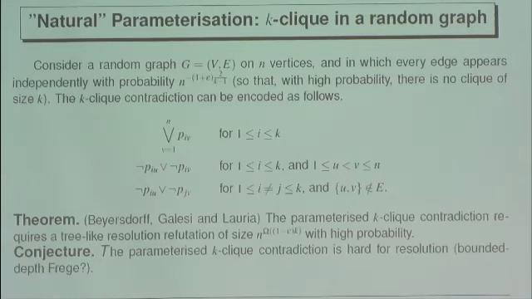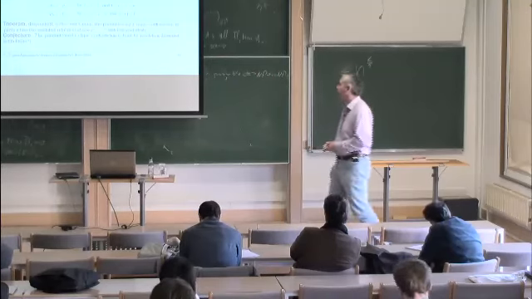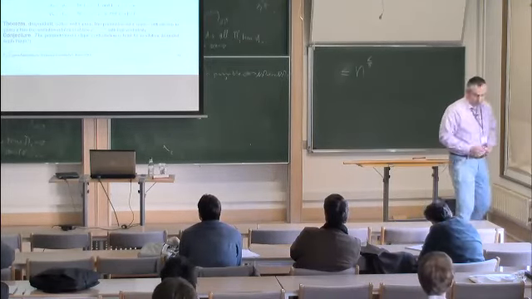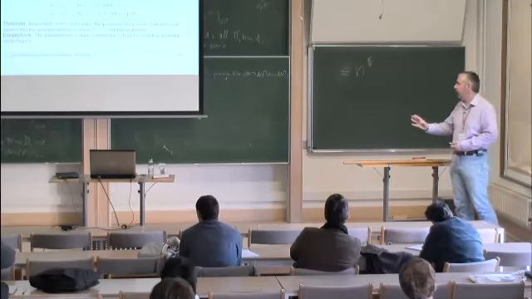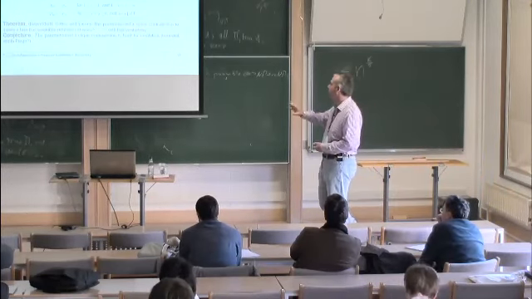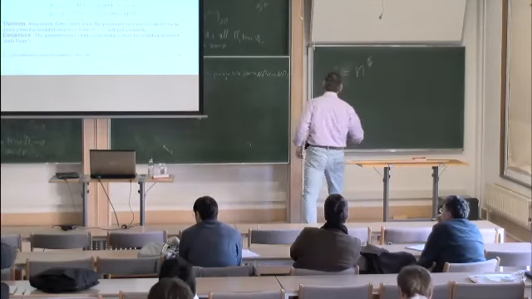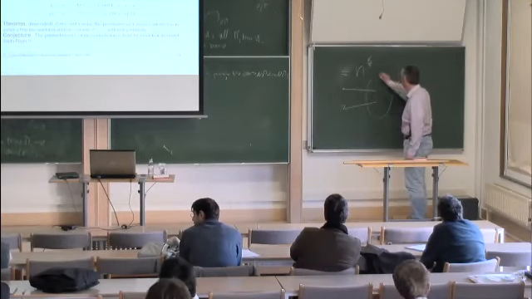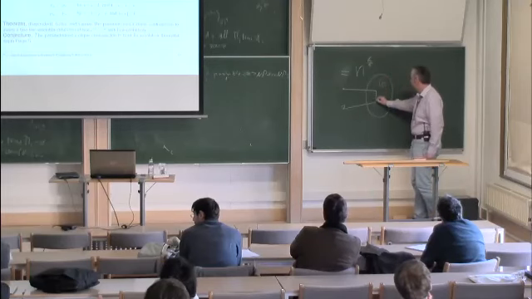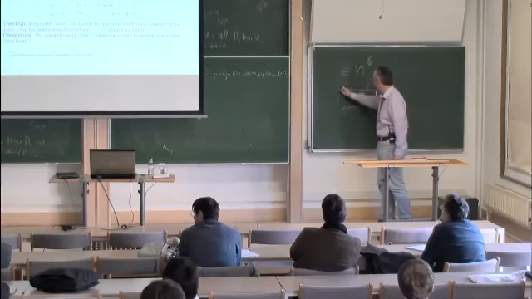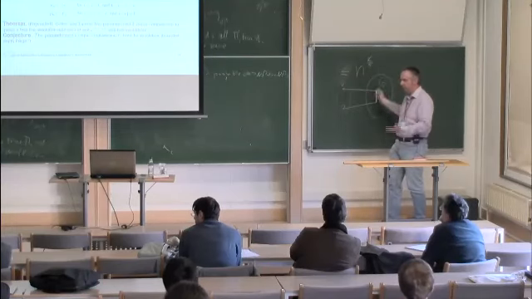Now you can quite easily encode the fact that it does contain a clique of size k by simply mapping a set of size k into the graph surjectively, and every two that you map to the vertices of the graph, you say there must be an edge between the images. That's what it means to map a set of size k into a clique.